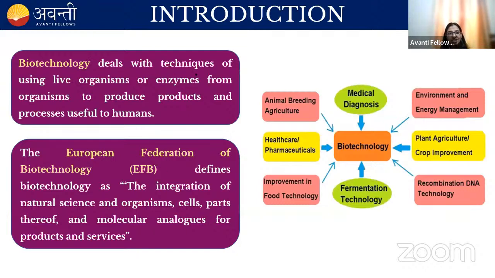So biotechnology deals with the technique of using living organisms and enzymes from organisms to produce products and processes useful to humans. Biotechnology has been used in various fields like agriculture, improvement in food technology, fermentation technology, and pharmaceuticals.